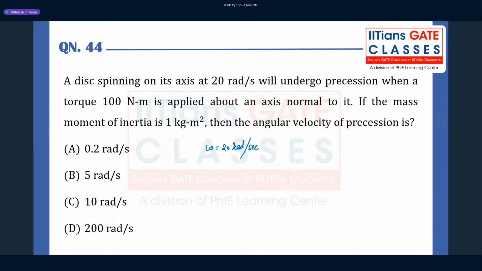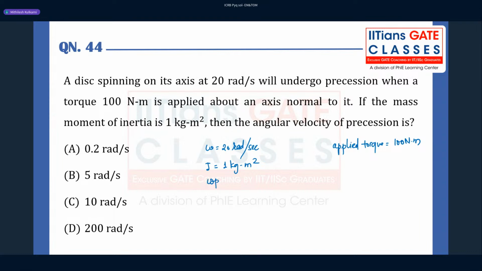It will undergo precession when a torque of 100 Newton meter is applied about an axis normal to it. If the mass moment of inertia is 1 kg meter square, then the angular velocity of precession, they are asking us omega p.